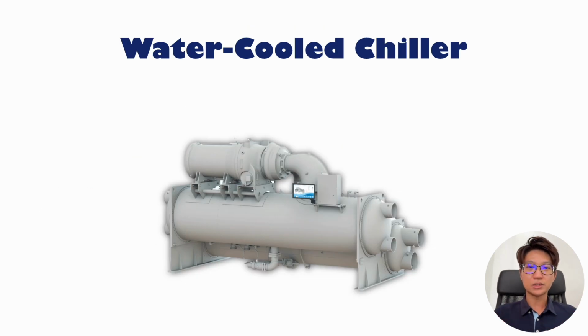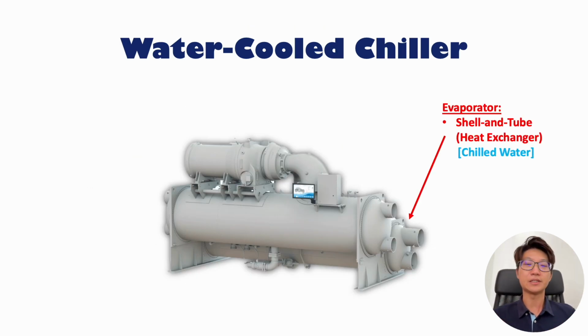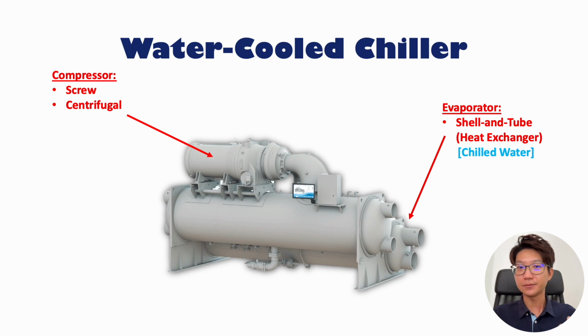So for a water cool chiller, the first component is the evaporator. The evaporator is just a shell and tube heat exchanger, right? And it is the one that is producing the chill water. The second component will be the compressor, the major one. For a water cool chiller, we have two major types of compressor, which are the screw and the centrifugal.